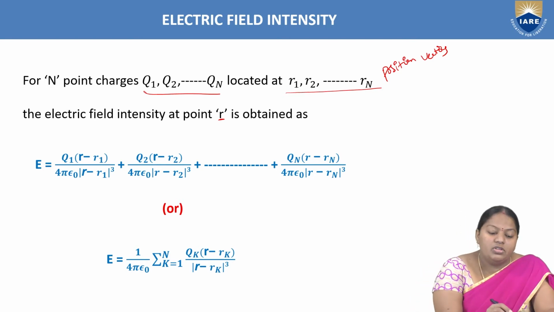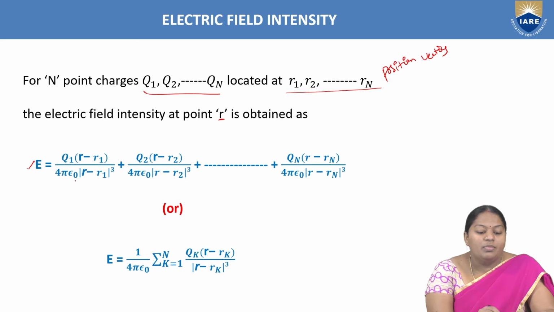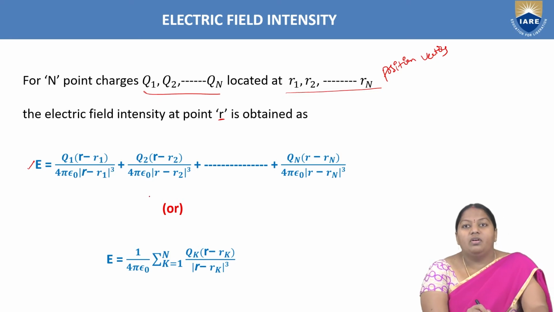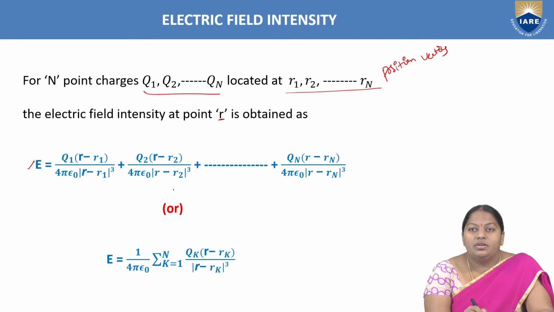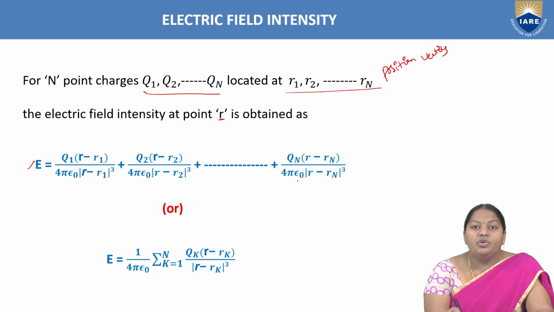Hence, E is equal to Q1 into R minus R1 by 4 pi epsilon naught into modulus of R minus R1 whole cube, plus Q2 into R minus R2 by 4 pi epsilon naught into modulus of R minus R2 whole cube, plus and so on, plus Qn into R minus Rn by 4 pi epsilon naught into modulus of R minus Rn whole cube.